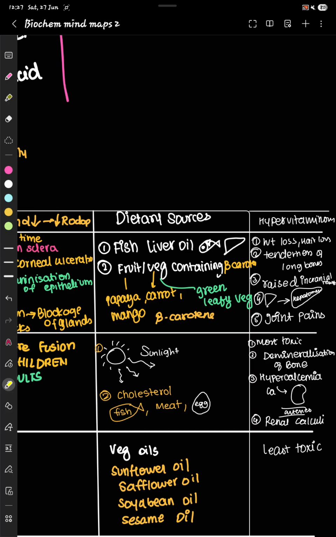Now let's learn about hypervitaminosis. Hypervitaminosis of vitamin A causes weight loss, hair loss, night blindness, tenderness in long bones, and raised intracranial pressure. We saw hepatomegaly, and we also saw symptoms of dermatitis. For the CNS, there was intracranial pressure, headache, nausea, vomiting, and ataxia.